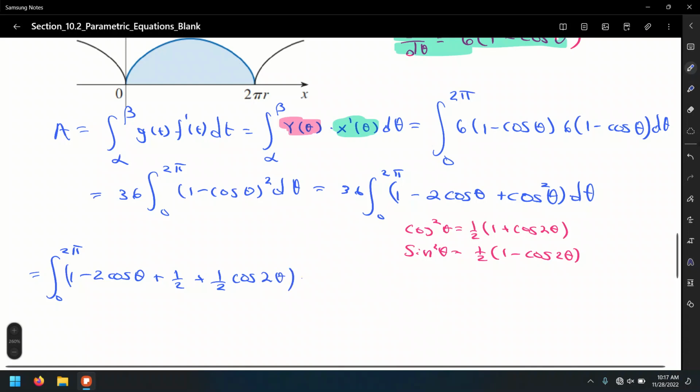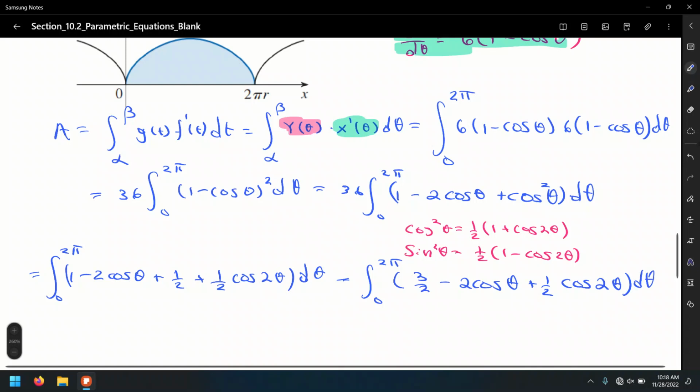The next thing would be to combine like terms, in this case the constant terms, the 1 with the 1/2. So that's the integral from 0 to 2 pi of 3/2 minus 2 cosine theta plus 1/2 cosine 2 theta d theta. And I think we can integrate the three terms from here.